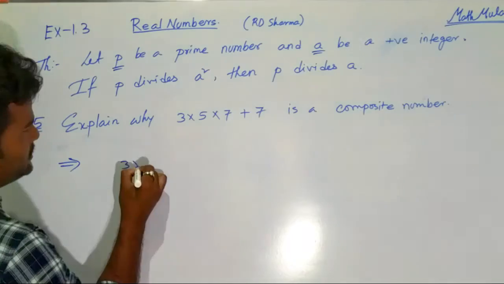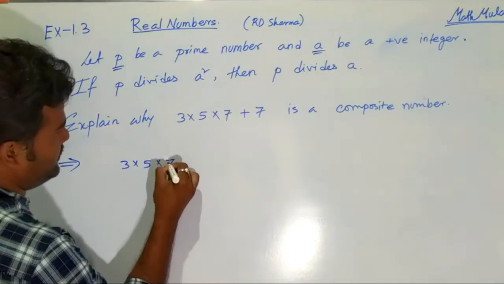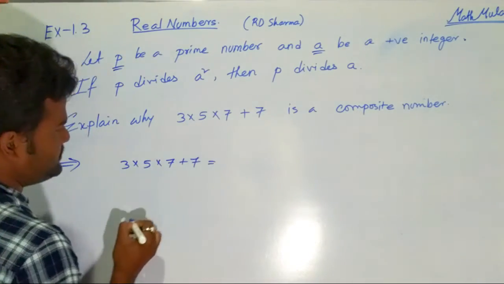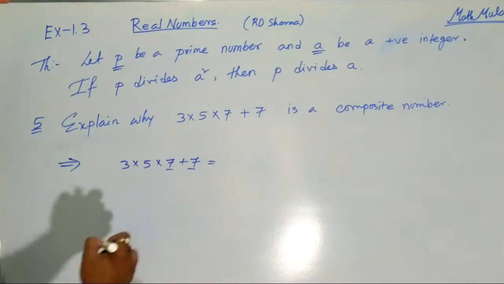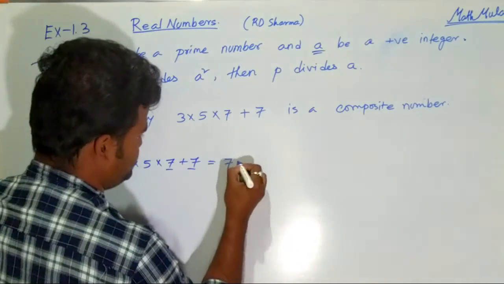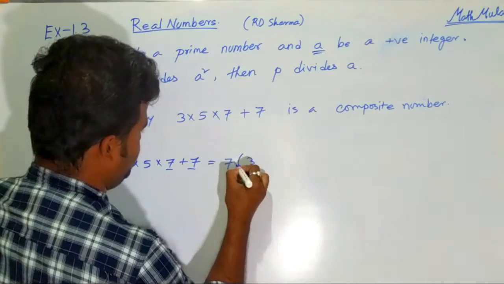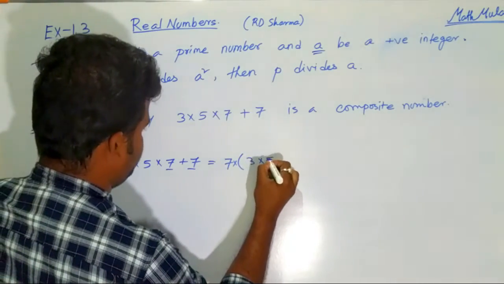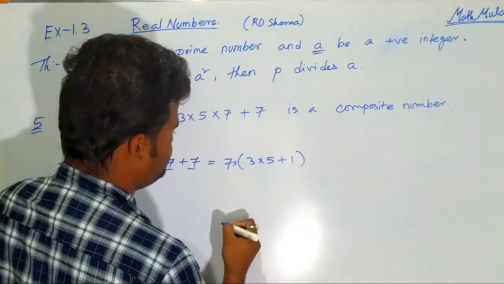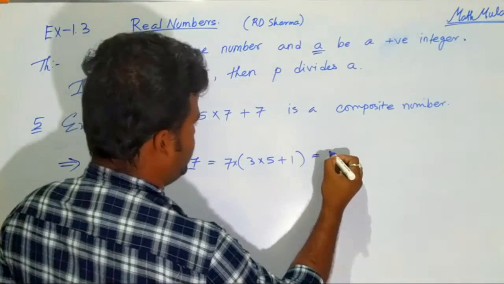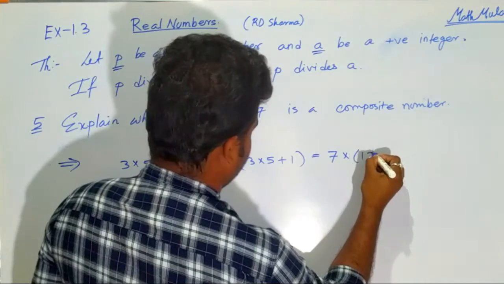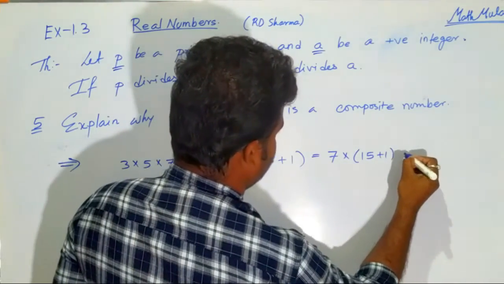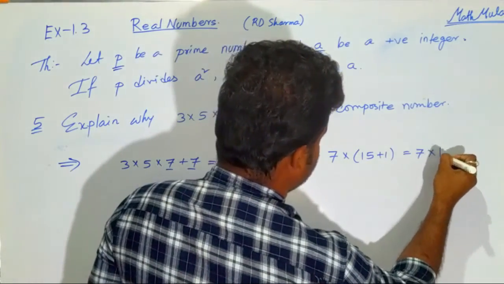Now check 3 into 5 into 7 plus 7. Now 7 is a common factor in both of the terms. Taking out the common factor, it will be 7 into 3 into 5 plus 1. We can write 7 into 15 plus 1, which is equal to 7 into 16.